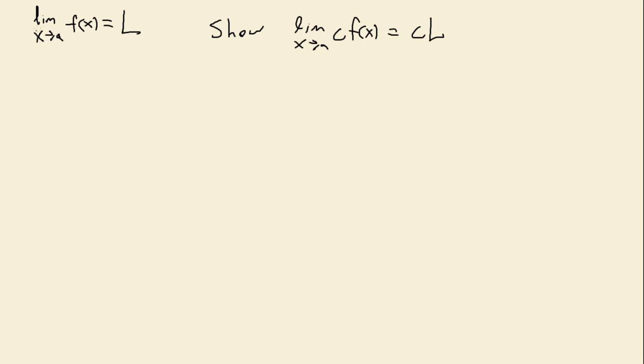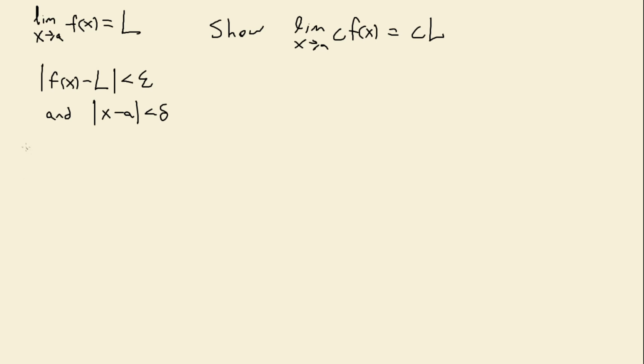If we know that the limit as x approaches a of f of x is equal to L, then we know that for any value of epsilon, the absolute value of f of x minus L will be less than epsilon, and the absolute value of x minus a will be less than delta.